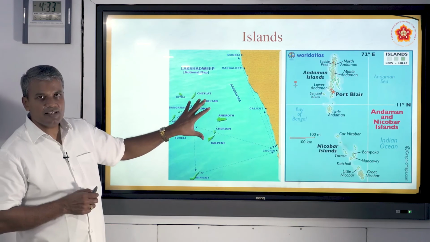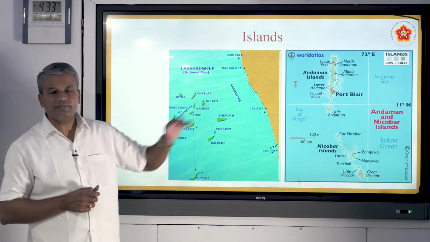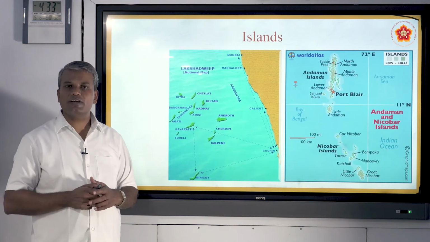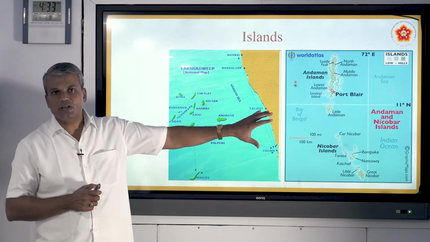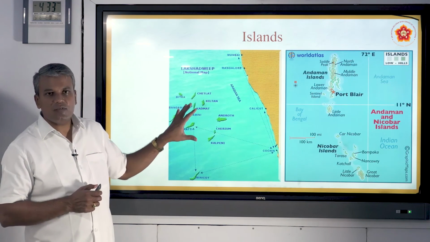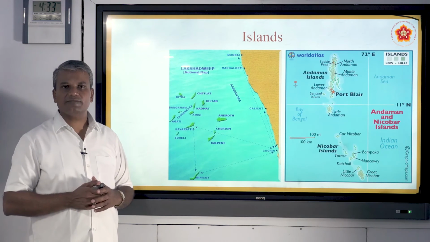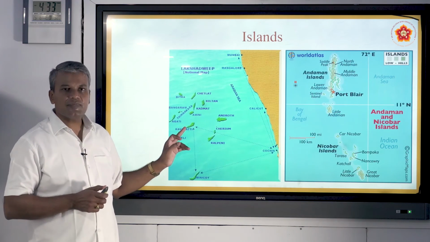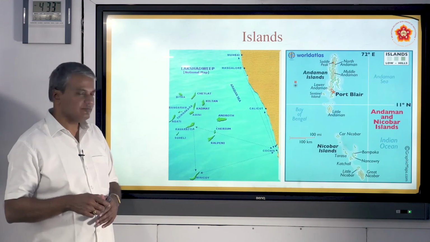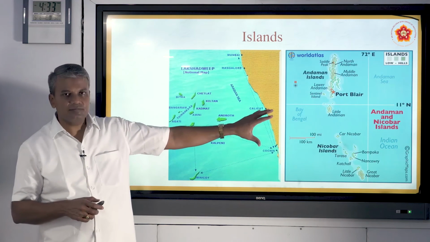In the Bay of Bengal we can say 204, in the Arabian Sea 43 islands, total 247 islands in India. Some of the important islands are marked here.